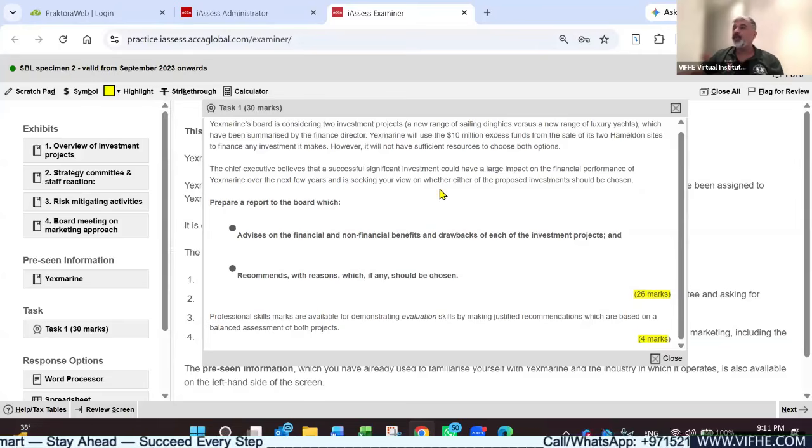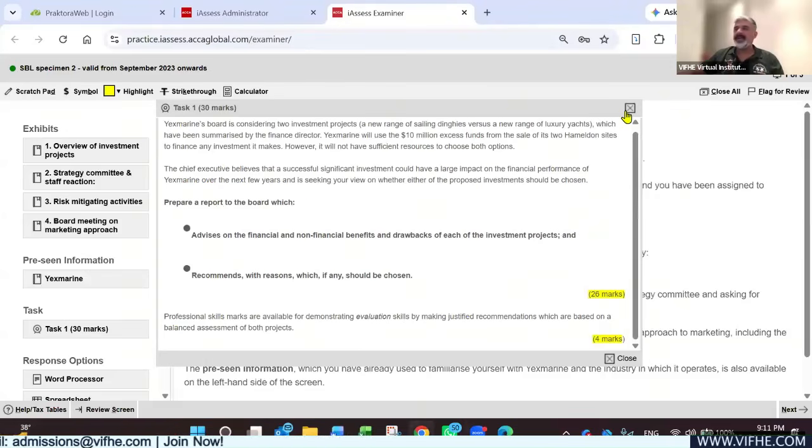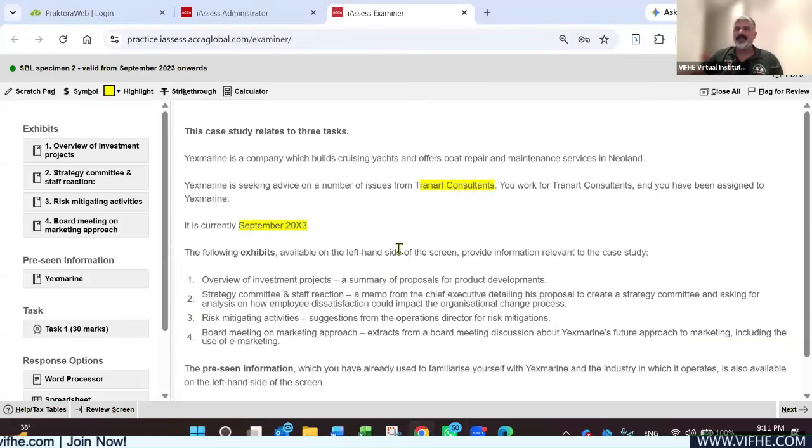So what is the meaning of total marks? In this question, the total marks are 26 plus 4, 30 marks. I always include professional marks when I talk about total marks. So task number one is worth 30 marks. How many minutes are allowed? 30 multiplied by 1.8, you have 54 minutes for task number one.